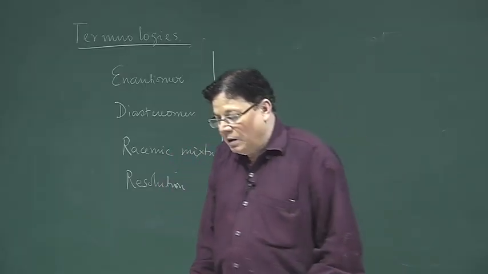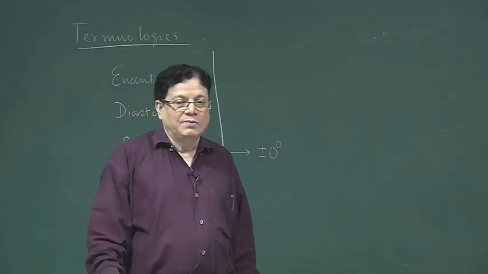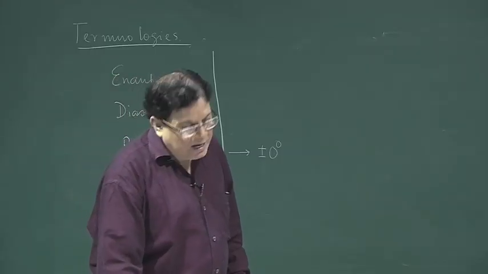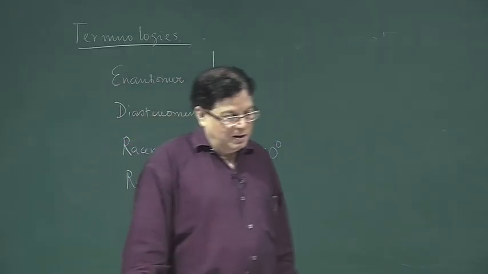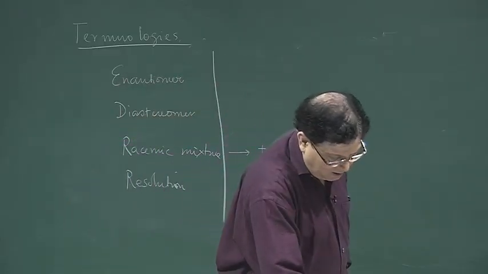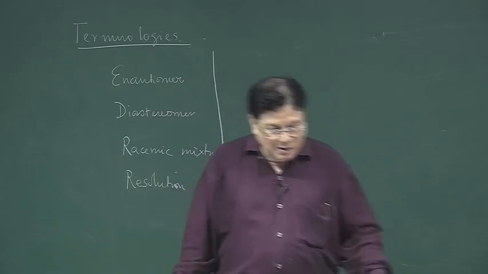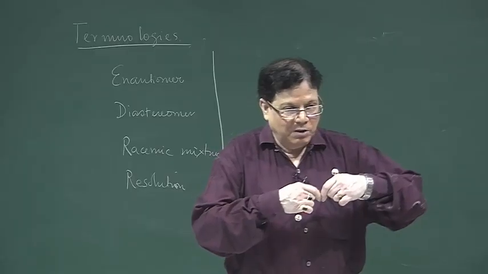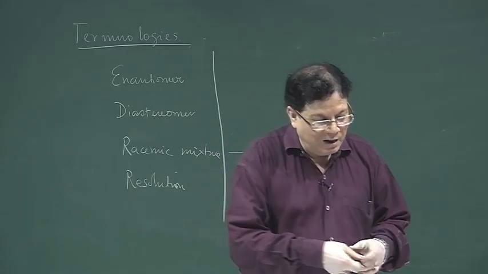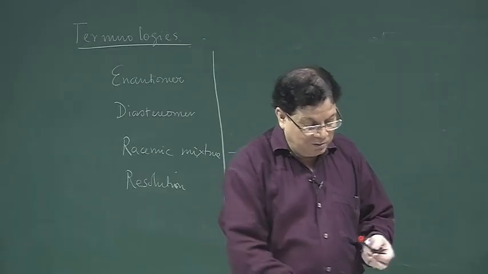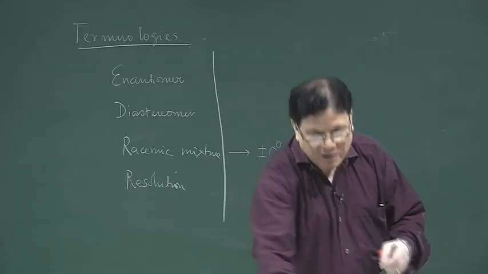Okay. Now, the next thing is very important in stereochemistry. Since the time of Van 't Hoff and Le Bel, who proposed that carbon is a tetrahedral carbon, this tetrahedral nature of carbon gives the possibility of generating another molecule if the ligands, that means the substituents attached to it, are different.